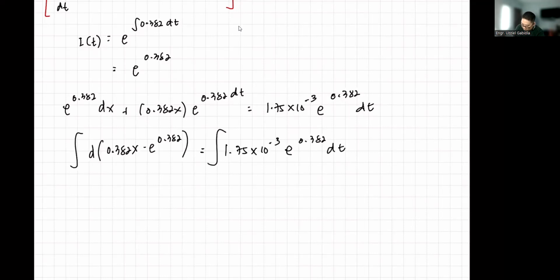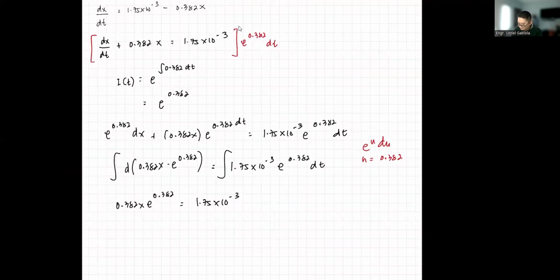So this will be 0.382 x e 0.382 is equals to, labas natin yung 1.75 times 10 to the negative 3. So para ma-satisfy yung EU du, no? Kailangan kunin natin yung u. So 0.382, wait lang. Nawawala, ano? May t dapat ito. Okay? T. Kasi magiging 0 pag walang t, ano?